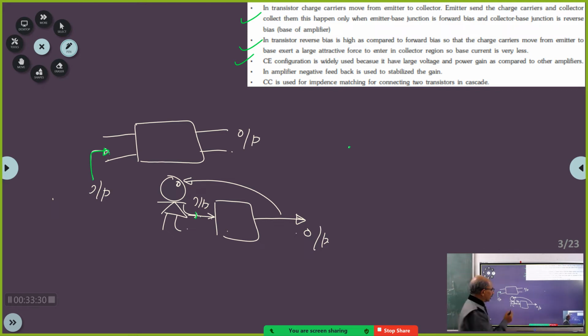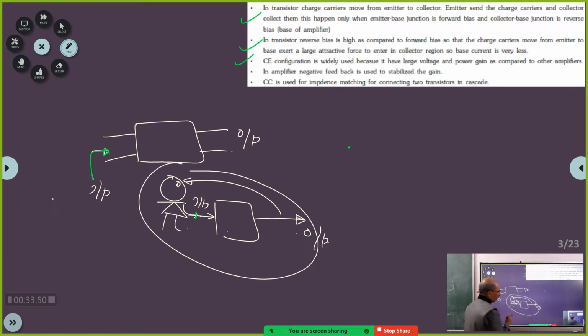My brain is watching this, because my hand can go here also, here also. So my brain is getting the feedback, and accordingly it is telling my hand to adjust. This is how our system works. I hope you got some idea about the feedback.